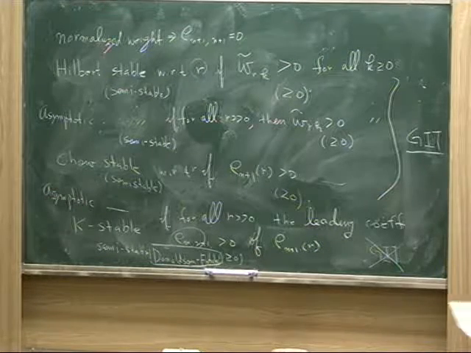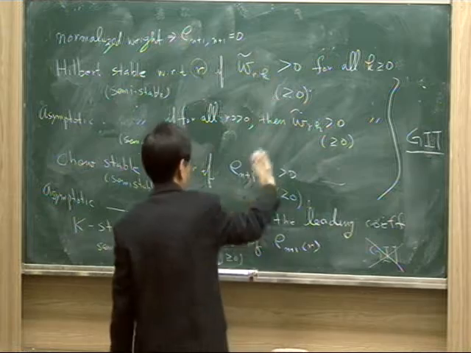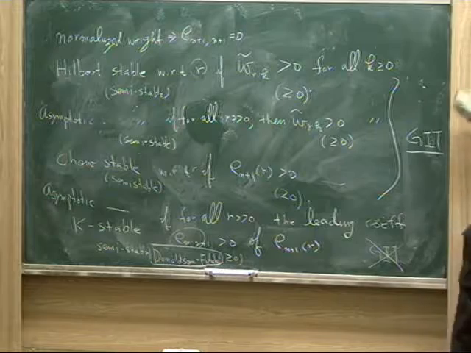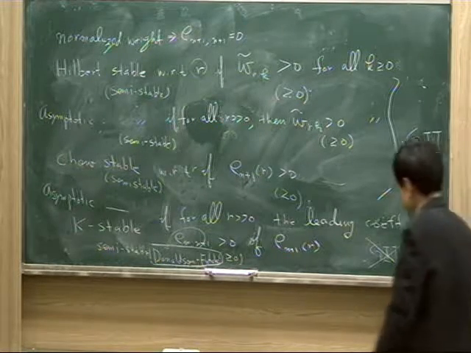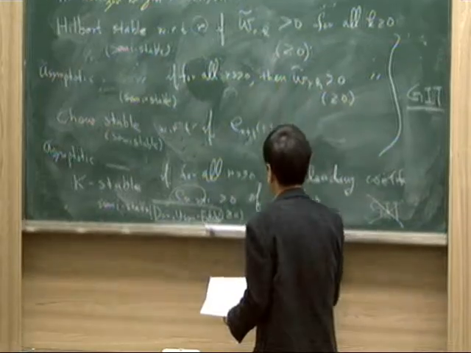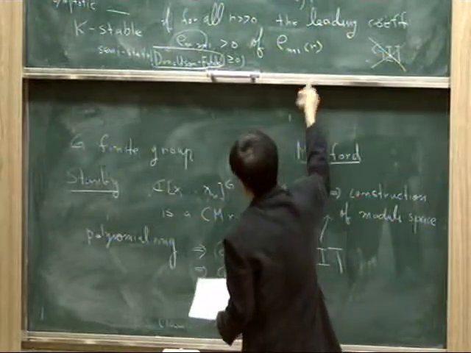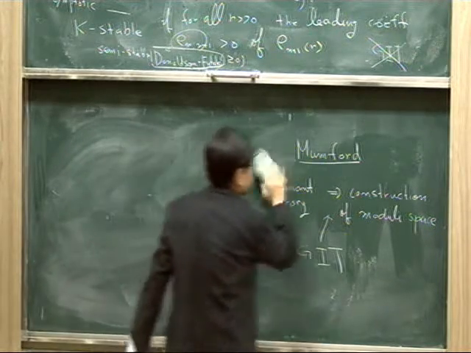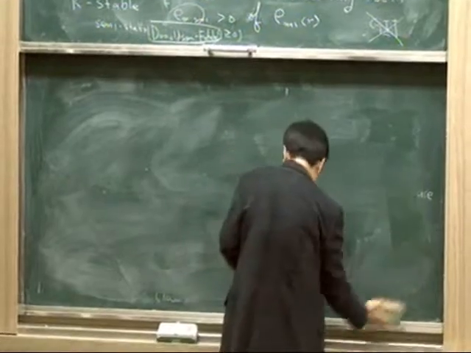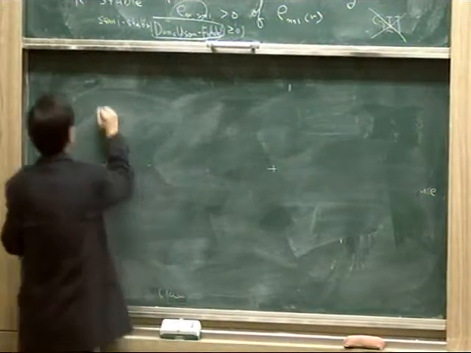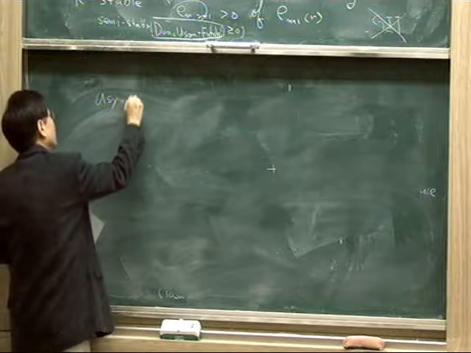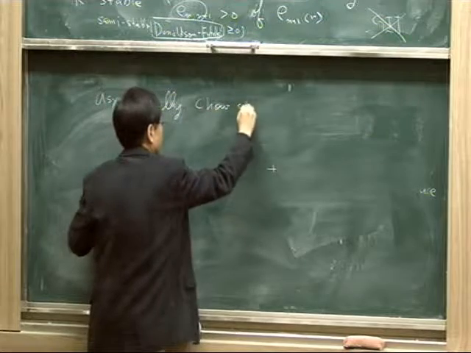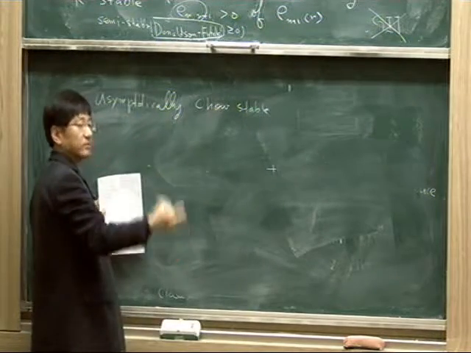Okay, so from the definition, with the leading coefficient, you can easily get some relations between these stabilities. Let me write. For example, asymptotically Chow stable: the top leading coefficient is positive, then the polynomial is positive.